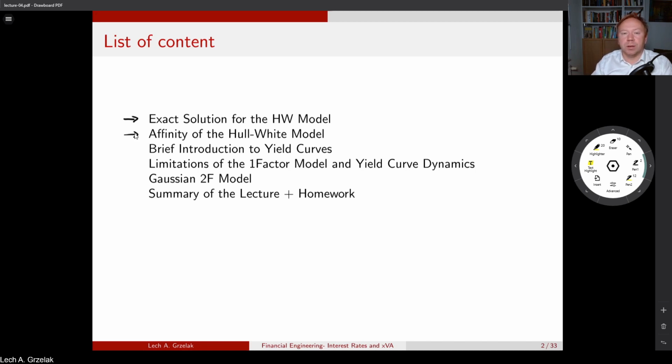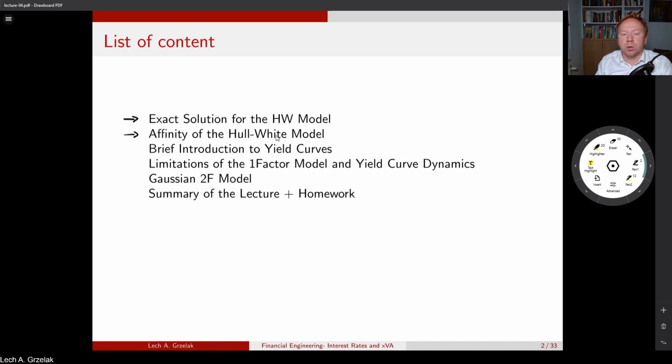Second point, I will discuss the affinity of the Hull-White model. In the course of computational finance, we have already shown the conditions for the process such that the model belongs to the class of affine jump diffusion processes. Once those conditions are met, we are able to find the characteristic function. Of course, the Hull-White model belongs to the class of affine jump diffusion processes, for which we are able to find the characteristic function.